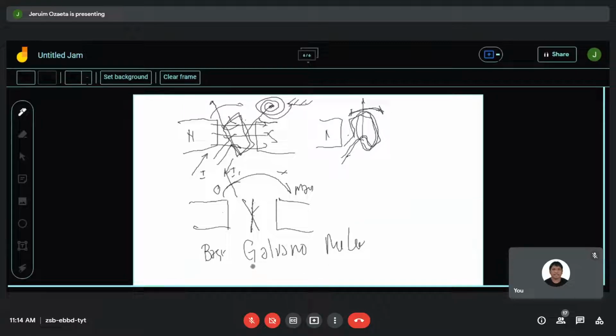There is also a so-called the arson ball meter.